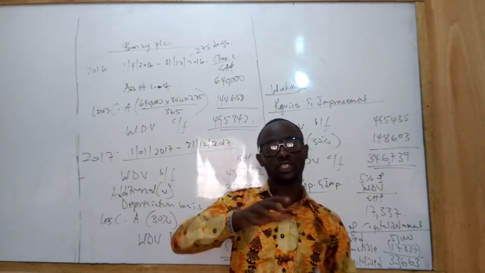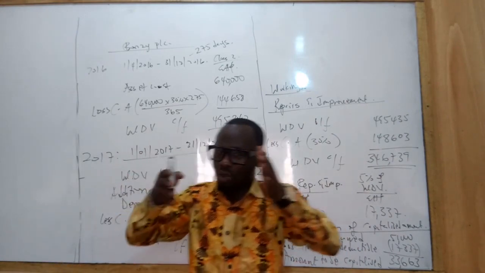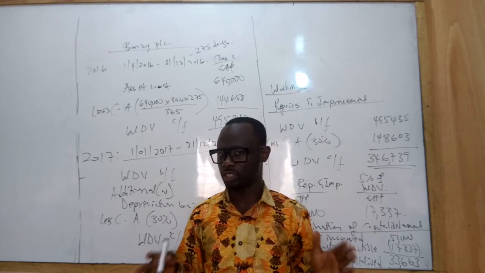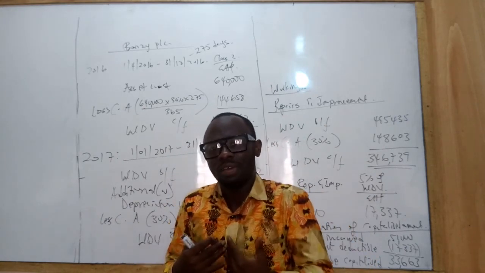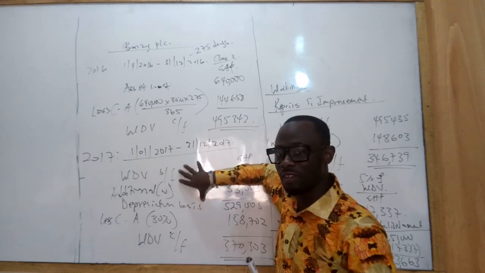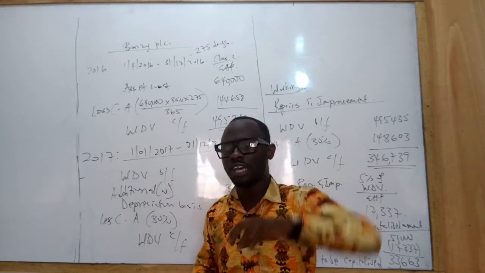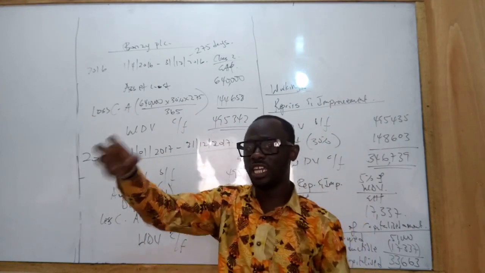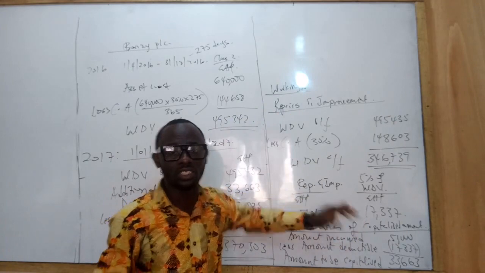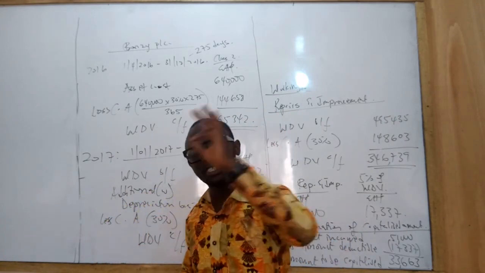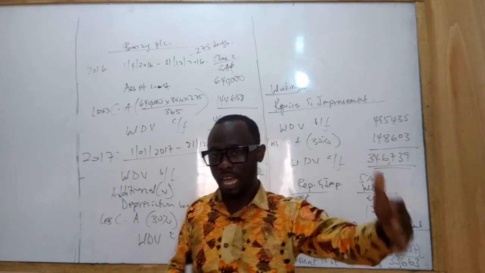Now I want you to make sure you go over this video again and make sure you understand well what we just did. The examiner said we should calculate the capital allowance. We are determining the capital allowance for 2017. But before we determine that, because in 2017 there were repairs and improvement, we need to do a workings on how much of the repairs and improvement can be deductible and how much can be capitalized.